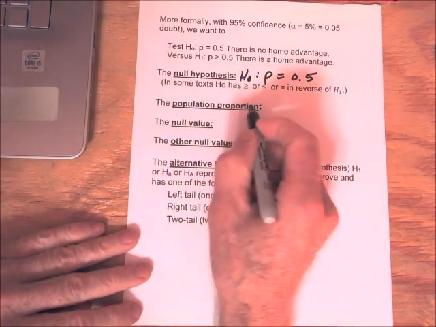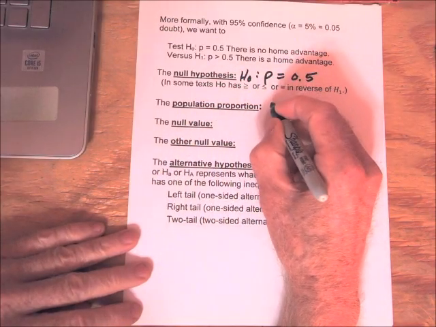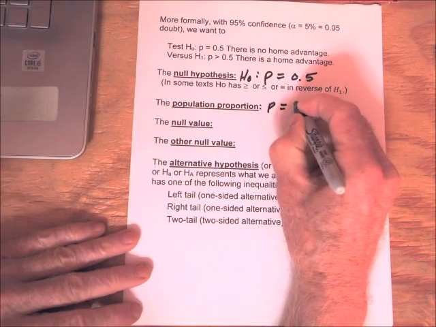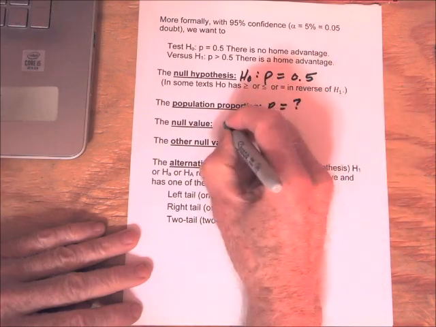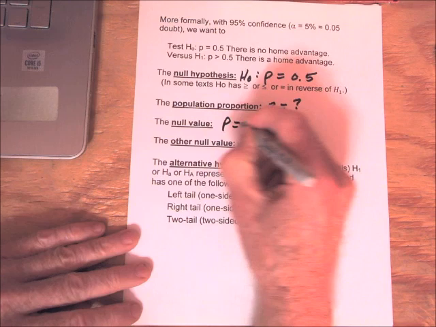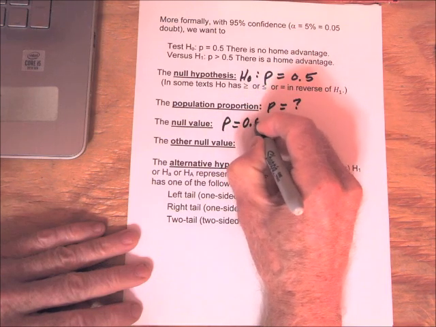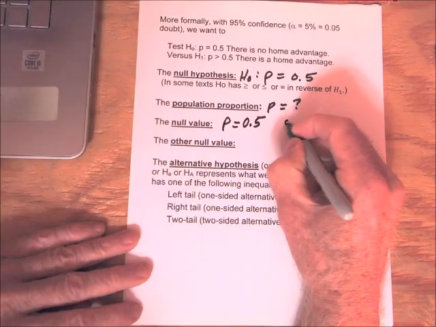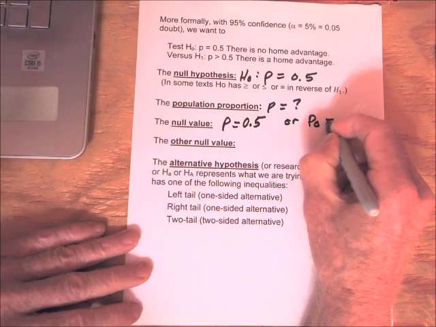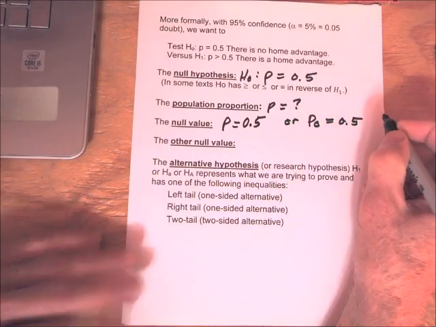The population proportion is unknown, and that's represented by p. The null value is the value of p if H0 is true. That's 0.5, or in some books you might see p0 is equal to 0.5.